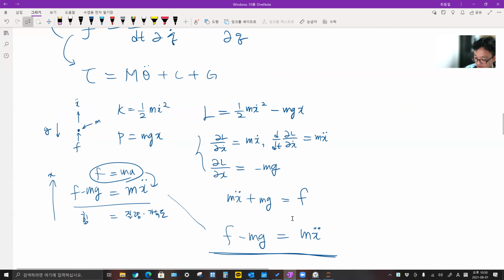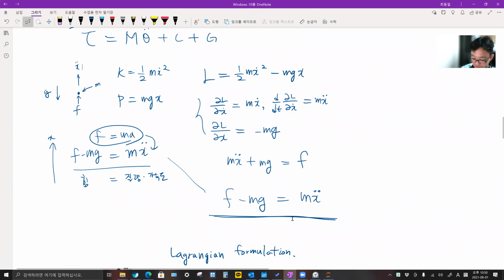So let me show an example. There is a point mass, and the mass is m. This one is kinetic energy, and this one is potential energy. So the Lagrangian function L becomes like this. And if we take the partial derivative with respect to x dot, it becomes like this. And if we take the time derivative again, it becomes m x double dot. And also, if we take the partial derivative with respect to x, it becomes minus mg.